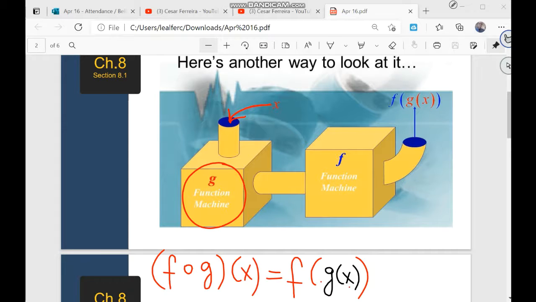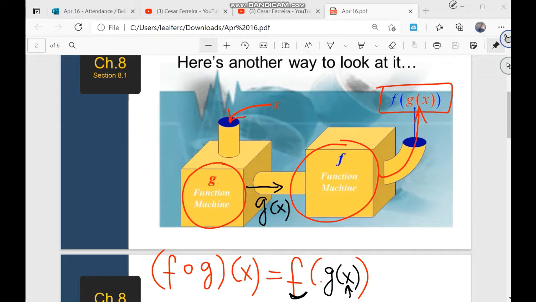So for x equal to a number, a value, you find the value of g of x, and this will be fed to the next function, the function f. Then the function f will calculate a new value, a new number, or new expression, and will result in f of g of x as an output.